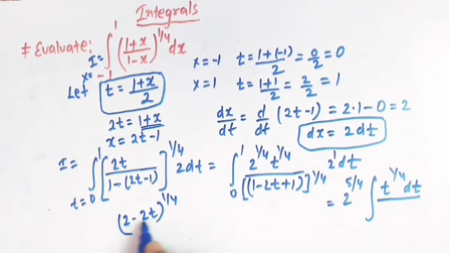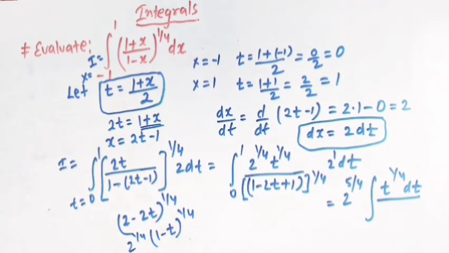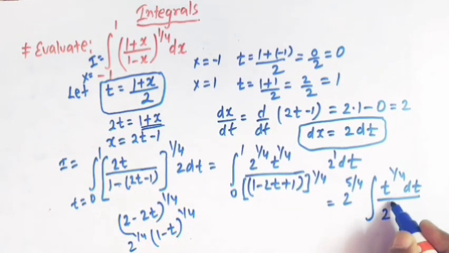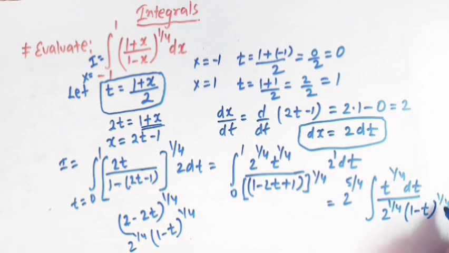And taking 2 common, we have 2 raised to 1 over 4, 1 minus t raised to 1 over 4, right? So here we have 2 raised to 1 over 4, and 1 minus t raised to 1 over 4, right?